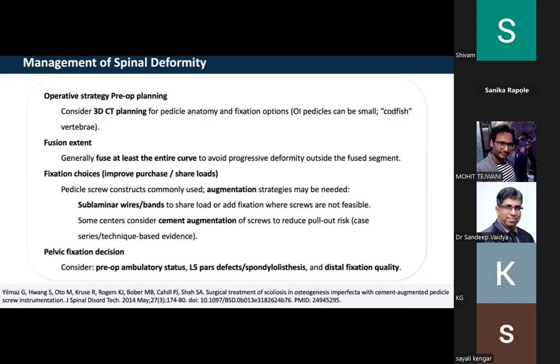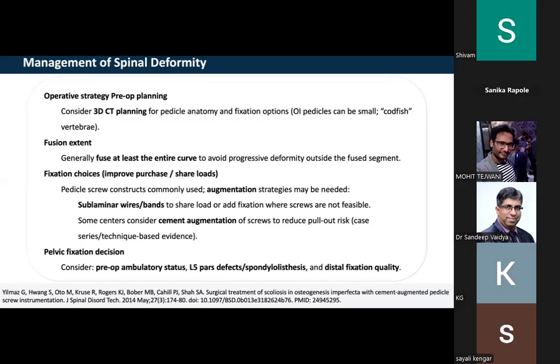So fusion wise, we have to fuse the entire extent of the curve to avoid progression outside of the construct. Fixation strategies: we use pedicle screws wherever feasible. We may need to augment the pedicle screws if purchase is poor. Maybe sublaminar wires or bands could share the load.